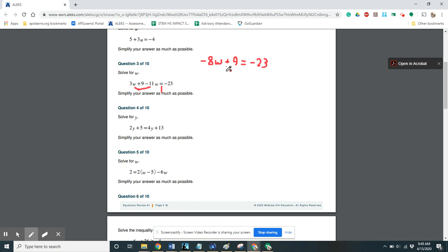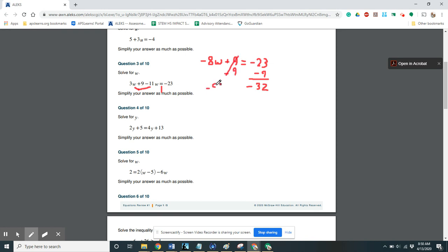Then this looks like the one we just did. We get rid of the 9 first, then the negative 8. Subtract 9. Negative 23 minus 9 is negative 32. These will cancel.